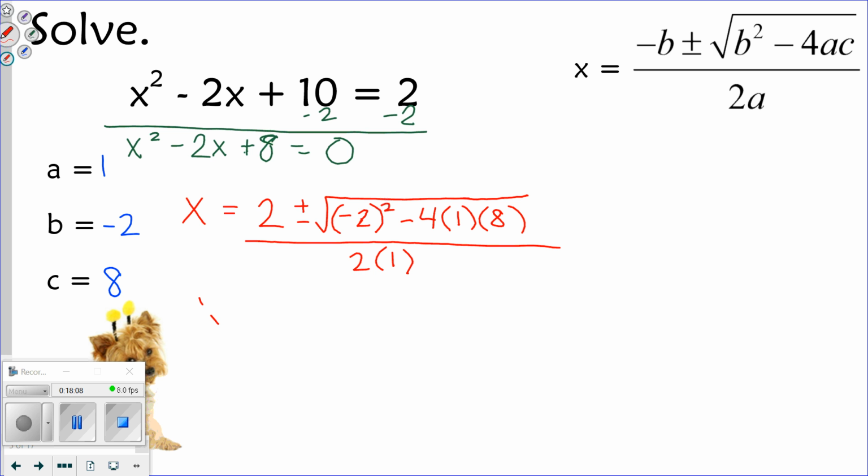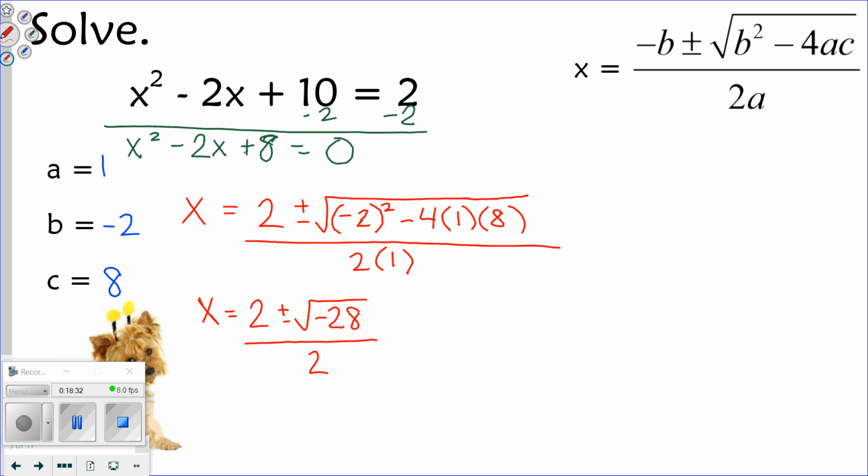If you did not get that, type it in again. Double check it, guys. If you're not getting -28, type it in again. Make sure your parentheses are around the -2 with the squared on the outside of the parenthesis. You got a minus 4 times 1 times 8.